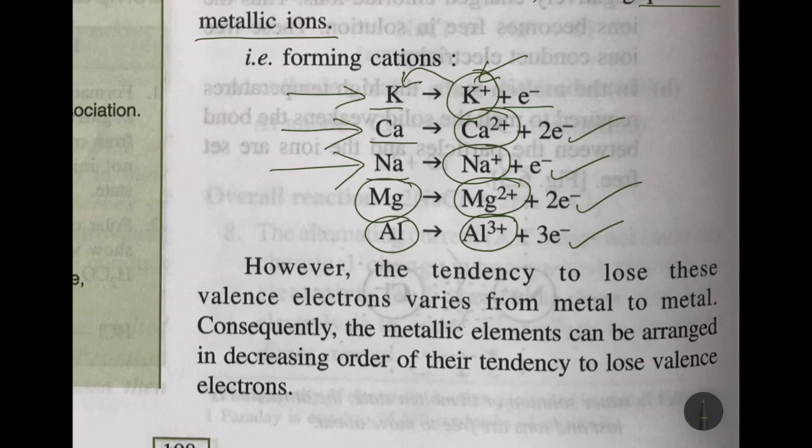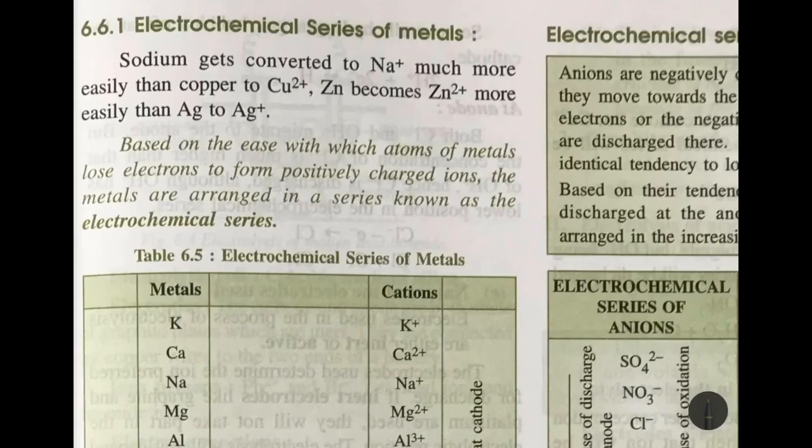So the metallic elements are arranged in decreasing order of their tendency to lose valence electrons. Valence electrons means the electrons which are found in the outermost orbit. So you see here in the electrochemical series of metals, sodium gets converted to sodium ion much more easily than copper to copper ion.